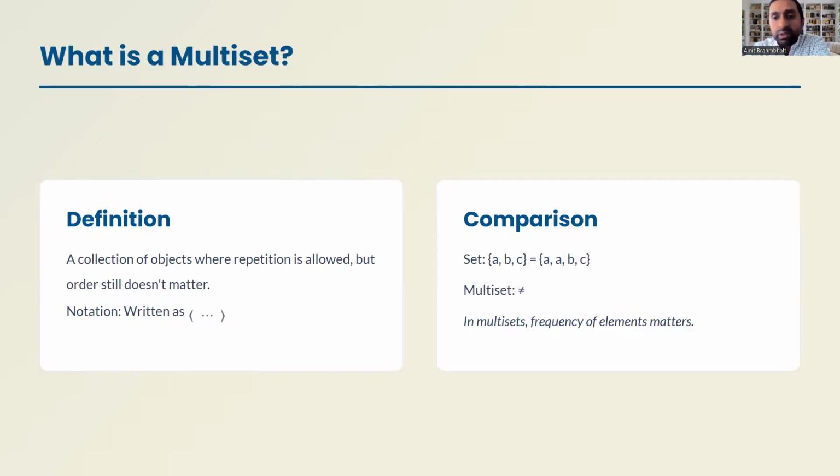For example, the set containing A, B, C is identical to the set containing A, A, B, C because standard sets ignore duplicates. However, the multiset containing A, B, C is not equal to the multiset containing A, A, B, C. In a multiset, each element has an associated multiplicity, a count of how many times it occurs.